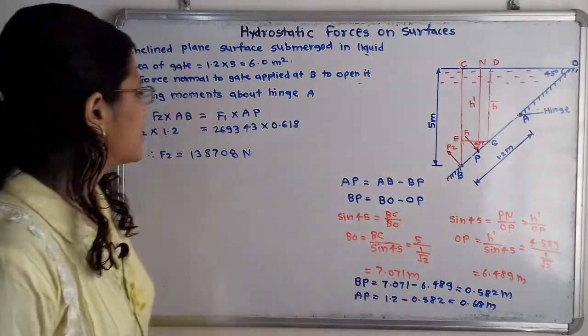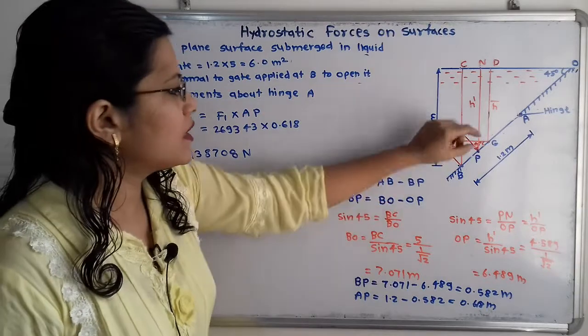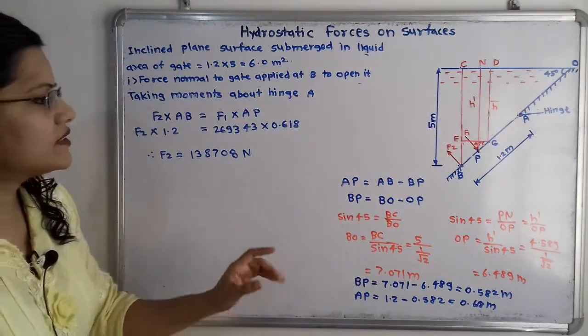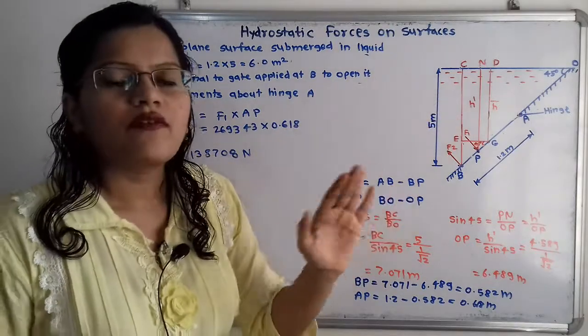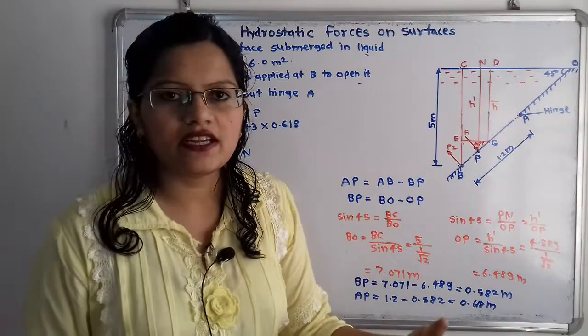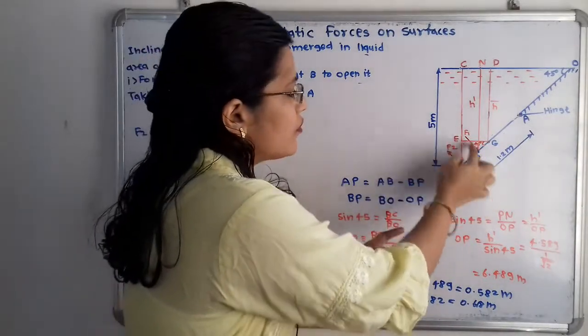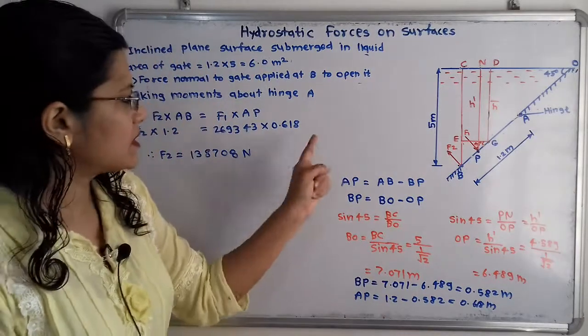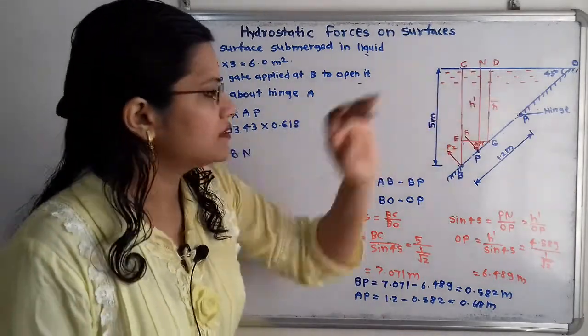So force F2 multiplied by this perpendicular distance, that is this distance AB, is equal to, because the two forces have opposite directions, F1 multiplied by this AP.